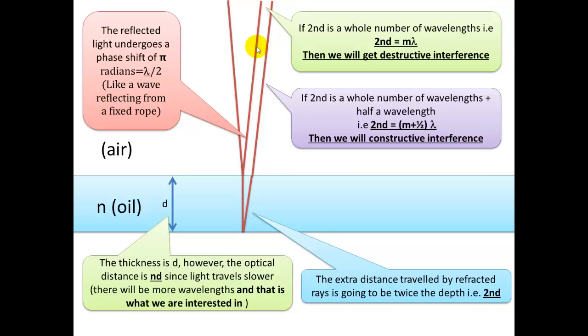However, if 2nd is a whole number of wavelengths plus another half wavelength, given that the reflection from the surface has got an extra half wavelength, then you will get constructive interference. So 2nd is equal to (m plus half) times lambda.